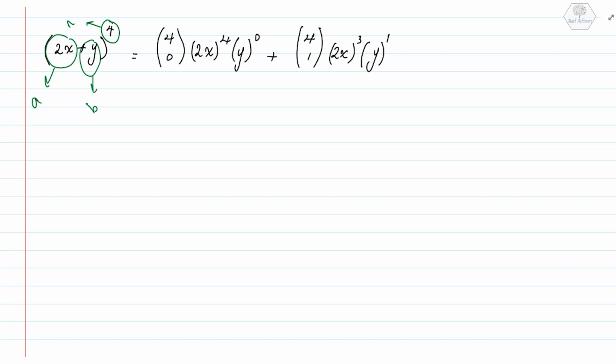This is n combination r, (2x) to the power of 4 minus 0. That's why I have 4 and this is 0.